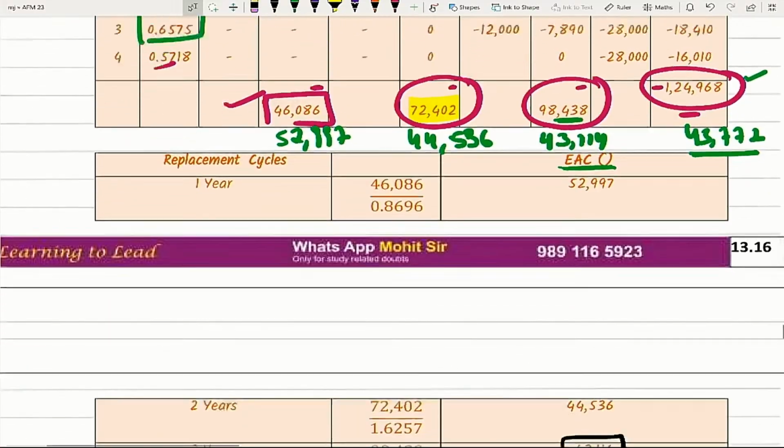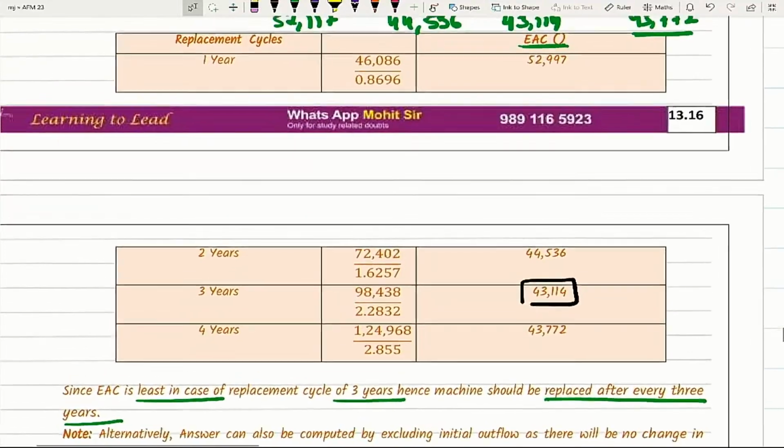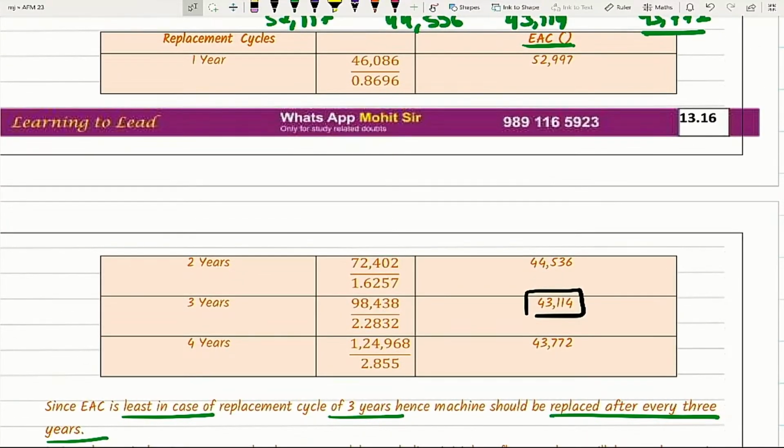Let me go back. This is EAC, and then we'll do 75th. Read 75th and make a framework of your answer.